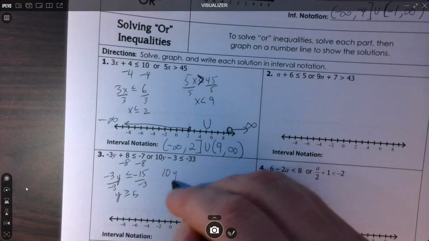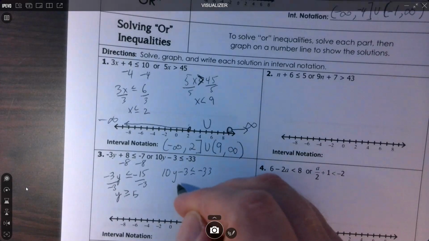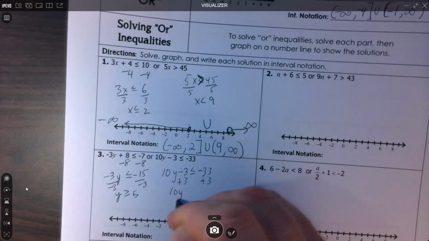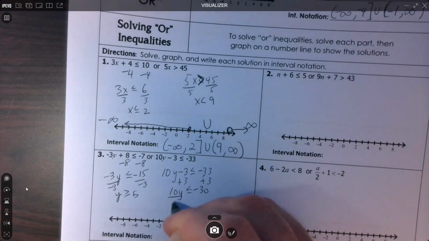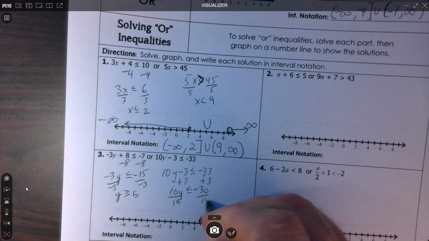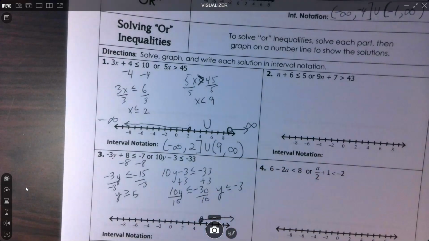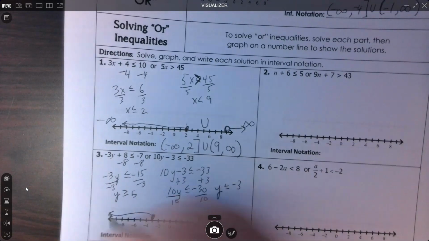Okay, 10y minus 3 is less than or equal to negative 33. Add 3 to both sides. Divide by 10. Since I divided by a positive 10 this time, I do not change the symbol. I get y is less than or equal to negative 3, so that's over here, and I am including that as well, and I'm going to the left.